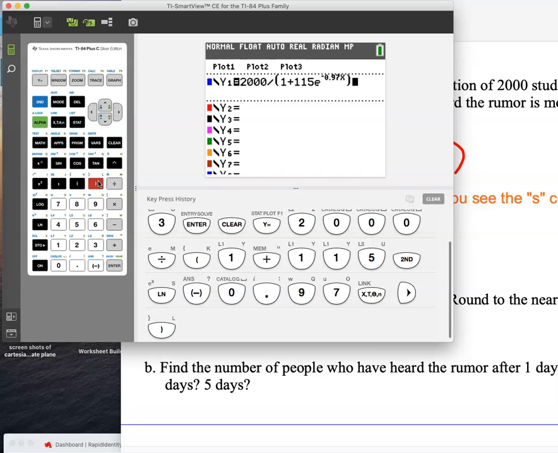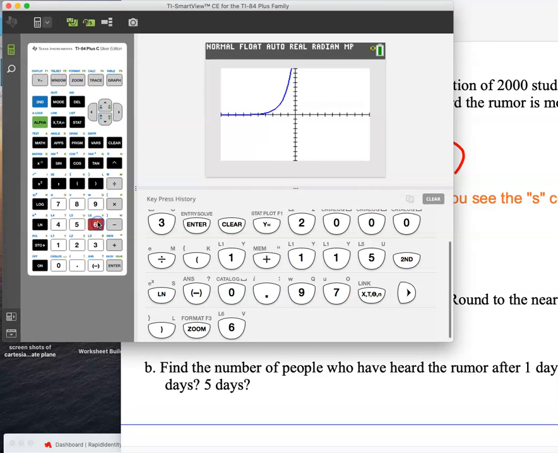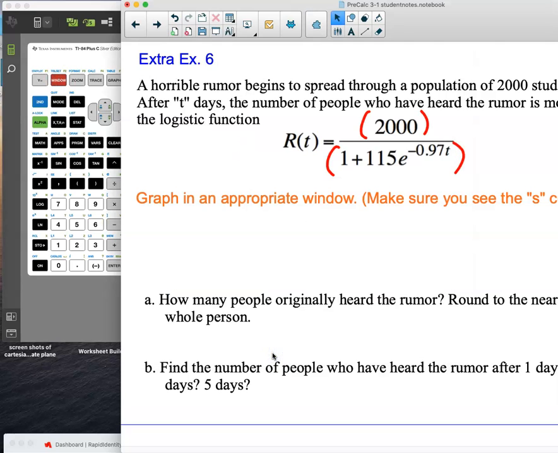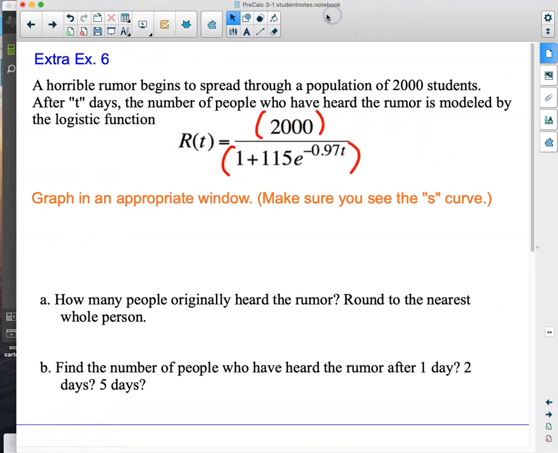So now, the key to this is going to be figuring out what the window is, because I'm going to hit zoom 6, and we're not seeing that full S curve. So we think, well, what are we supposed to know about the x's and y's for this? And we know that our horizontal asymptotes will be at 0 and at 2,000. So for our y's, that sounds like a good thing to use: 0 to a little bit more than 2,000, maybe 2,050.